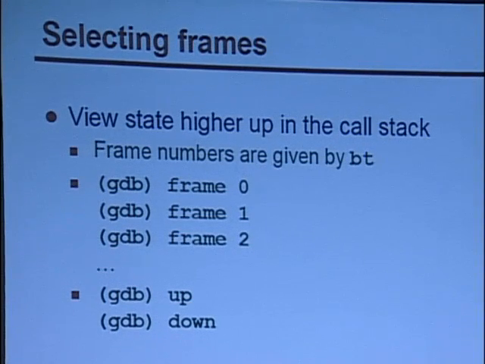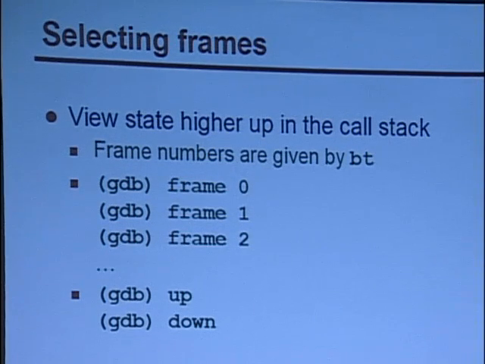And you can jump to any of them by using frame and the appropriate number. And it's going to default to frame 0, which is the closest to where your program is actually executing. But you can examine the state in frames which are further away. So that means when you're evaluating variables, each variable only makes sense in the context of a particular frame.